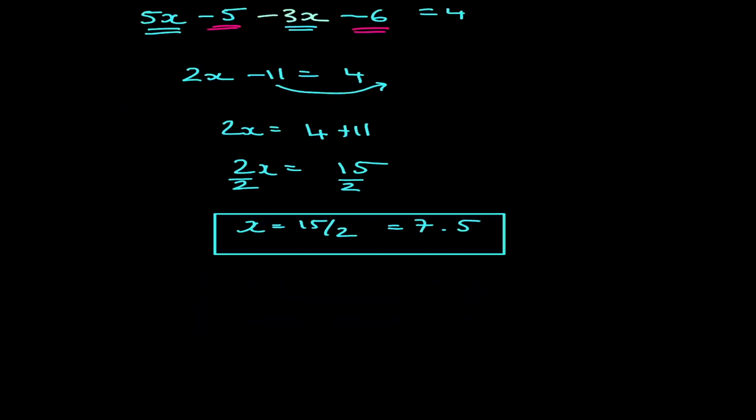Okay, our final one, number 5. So 7x plus 3 equals 4x plus 18. Okay, this one should be quite easy to solve. Let's see if you can do this.